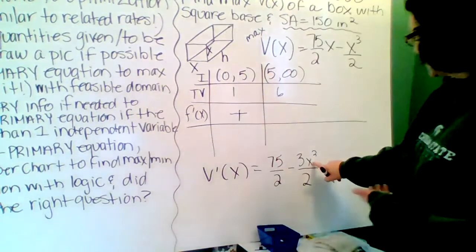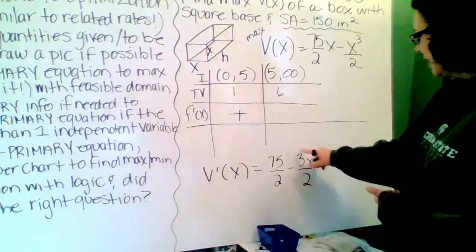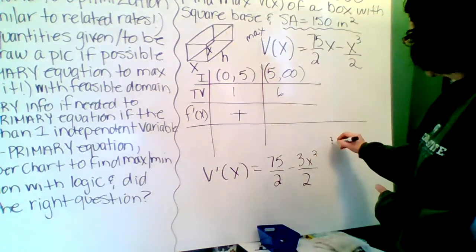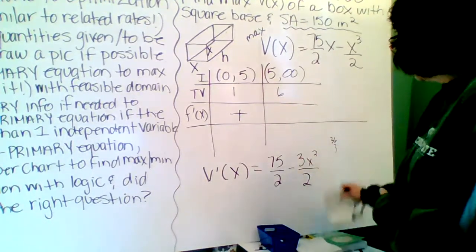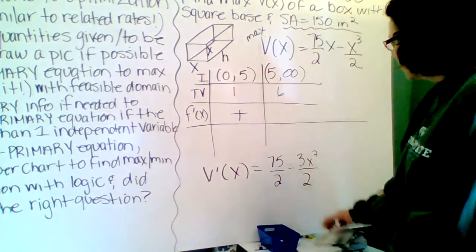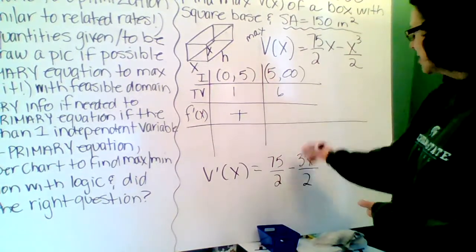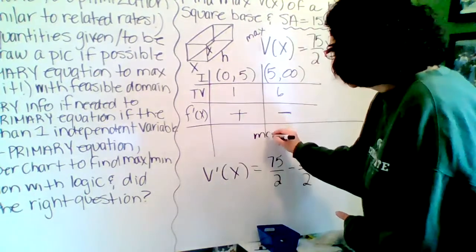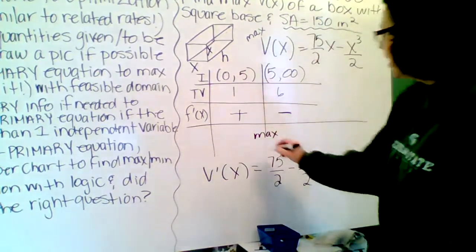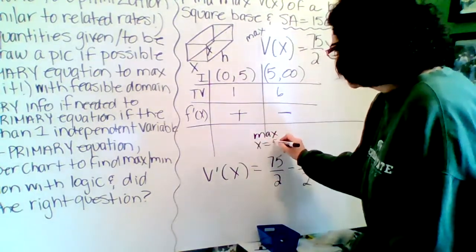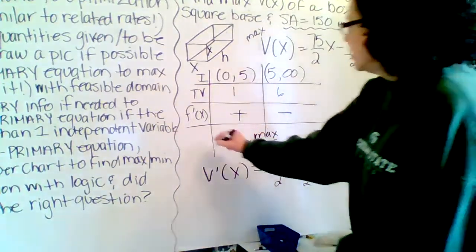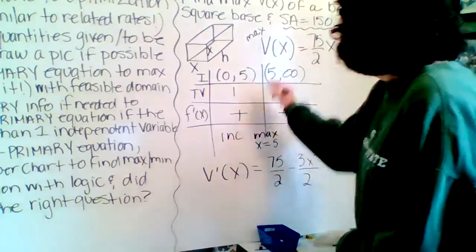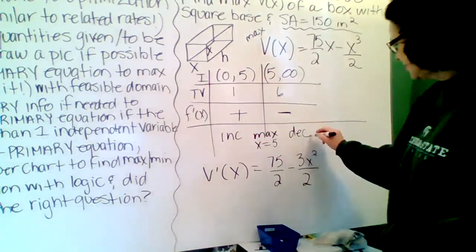When I put a 6 in here, that's 36 times 3, that's 108 there. Over 2 is, of course, much bigger than 75 over 2, and it's going to be negative. So I have actually proven that x equals 5 is a maximum because it increases before 5 and decreases after.